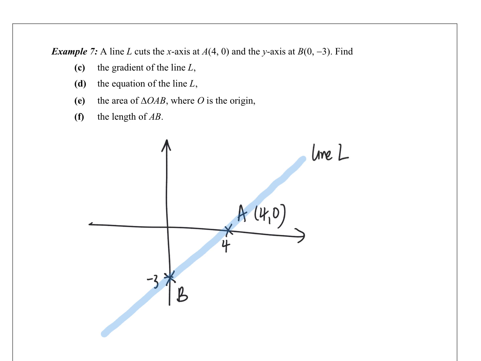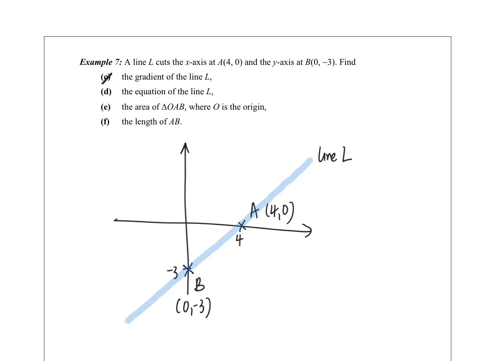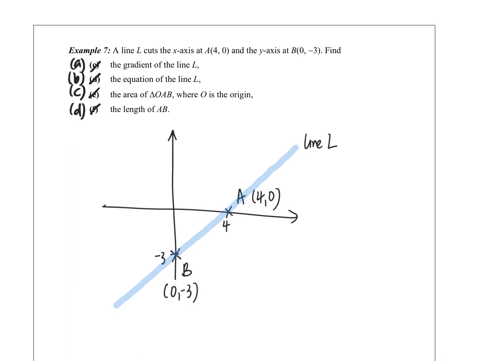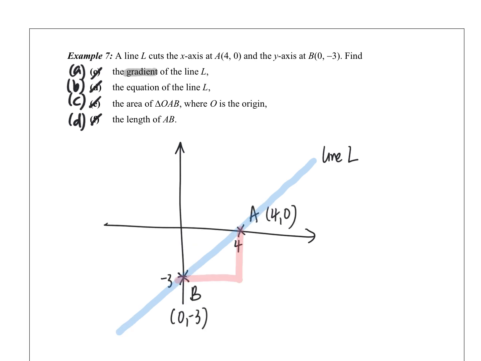So they say, can you find the gradient of this line? Of course, no problem, right? All this labeling is wrong. A, B. The rise would be this one. Use this, subtract this for the difference in y.